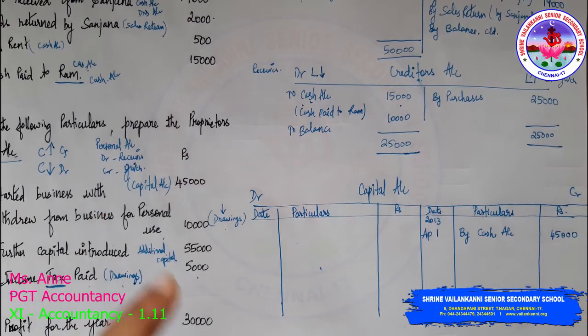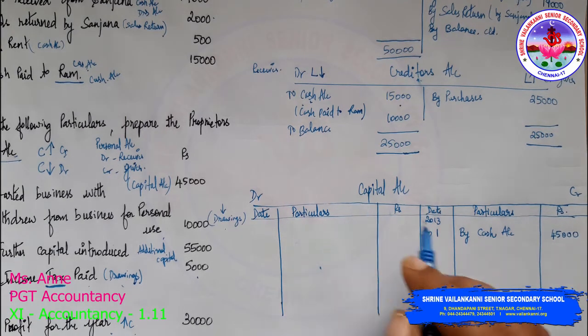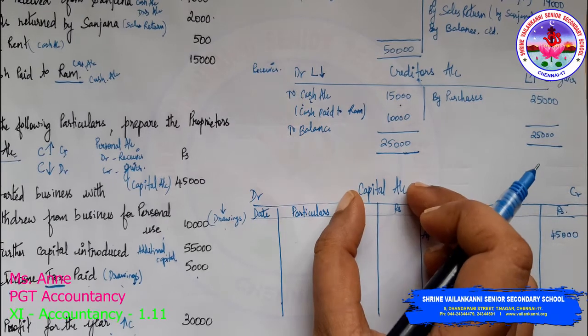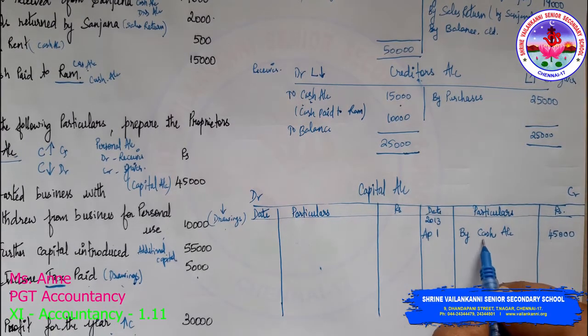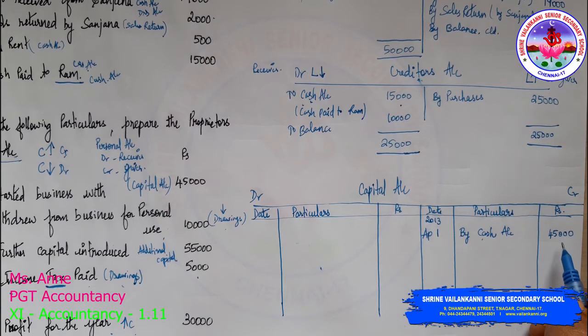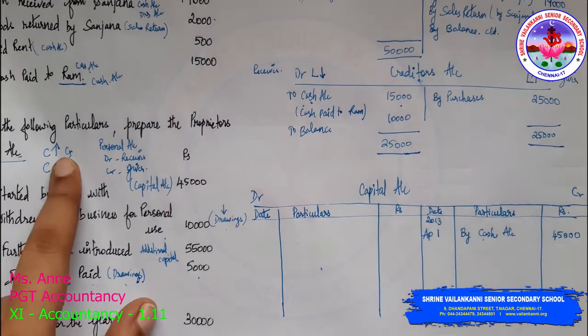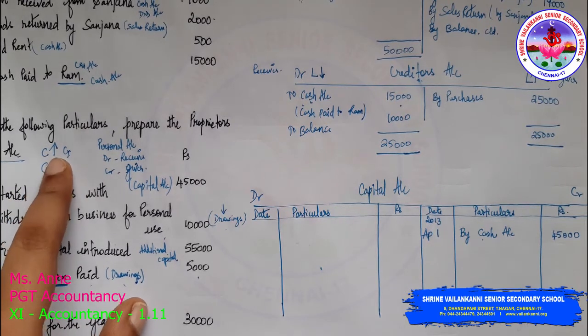If you remember, the journal entry for this will be cash account debit, because cash comes into the business, to capital. So to capital we cannot write in the capital account. When you're preparing an account, you need to show it as by cash account 45,000. Okay, which side you have to write? You have to write in the credit side, because capital is increasing.